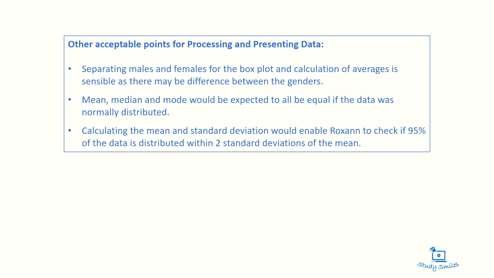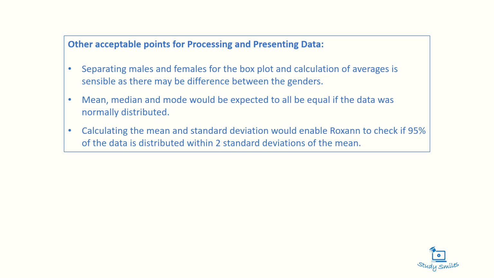Other points that you could have made that would also have been accepted are separating males and females for the box plot and calculation of averages is sensible, as there may be differences between the genders. Mean, median and mode would be expected to all be equal if the data was normally distributed.